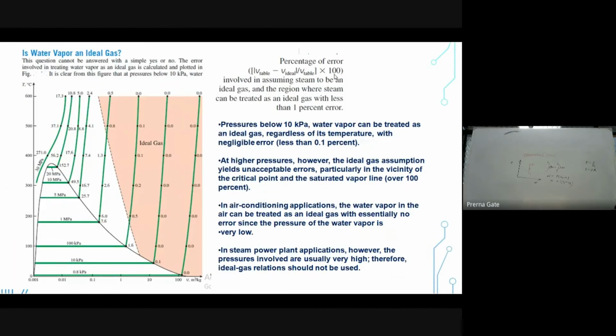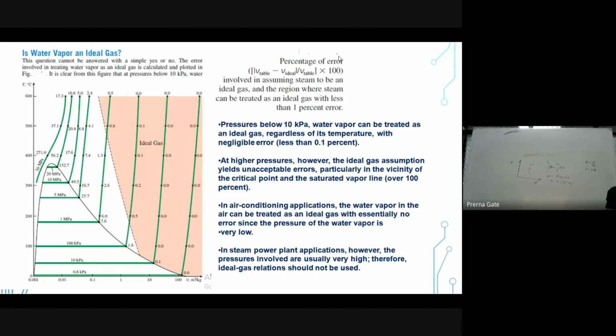Now this is a temperature and specific volume curve, and it is determining when you can assume steam to be an ideal gas. The percentage of error associated with it is given in this particular figure.